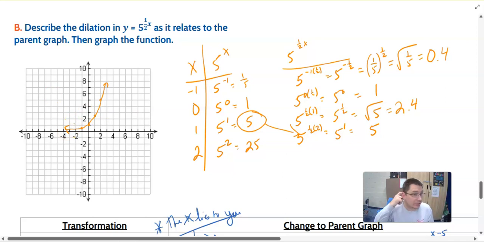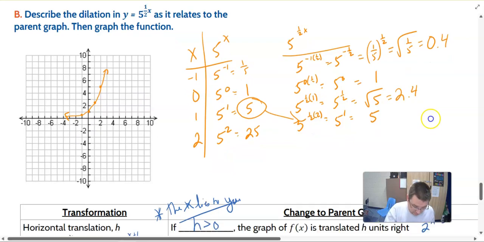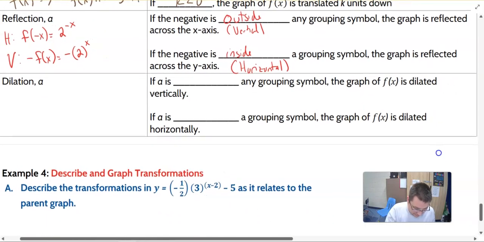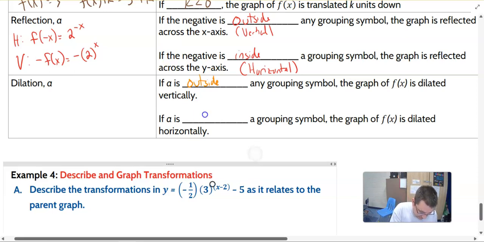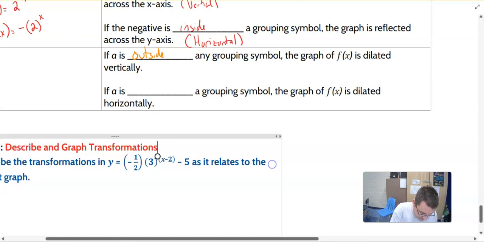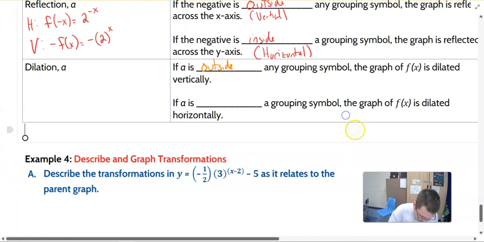All right, so let's quickly look at the bottom here and look at our final part of the table. And so our dilation, remember, if the A is outside of any grouping symbol, the dilation is vertical. And if the A is inside the grouping symbol attached to that X, oops, it's not writing for me.